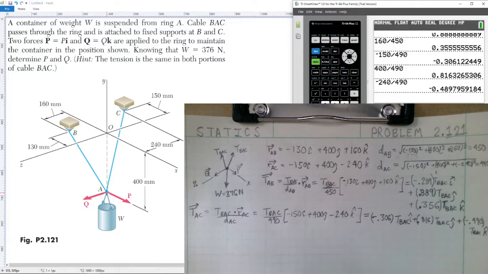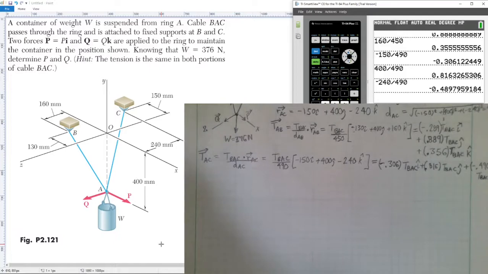That means I can solve for the Y direction: I know this weight, this force, and these are broken into their Y components. I can sum force in the Y direction, and that will let me solve for the tension in BAC.